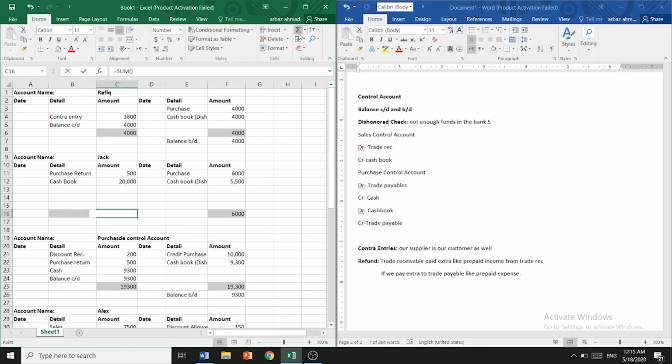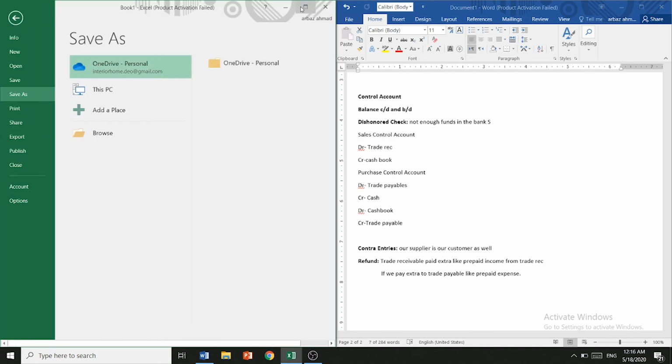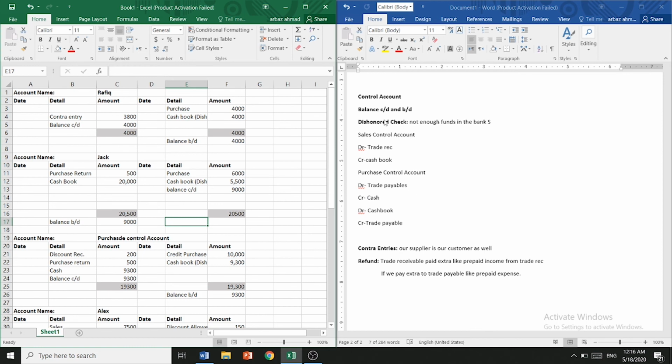If I total this amount and this amount, I have more money on my debit side. Therefore my balance brought down will be on this side, and I need to add 9,000, I guess. I will just copy paste brought down and change C to D. That's the easiest way, and this is all you need to know about this transaction in contra entry.